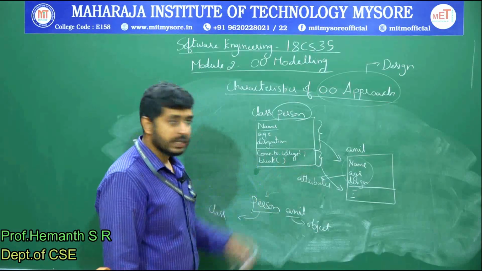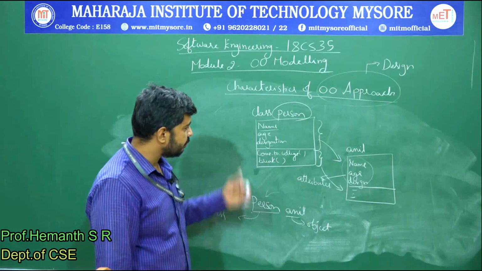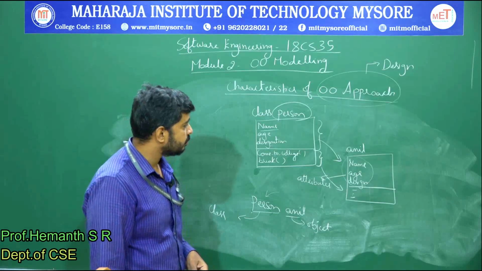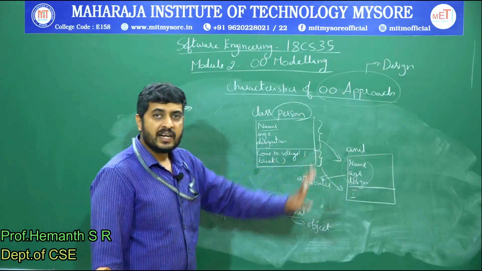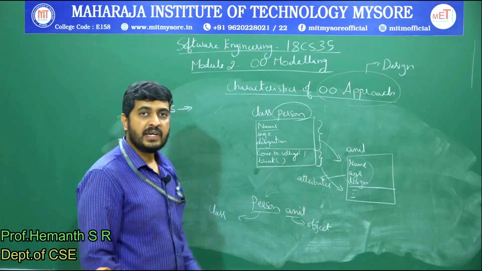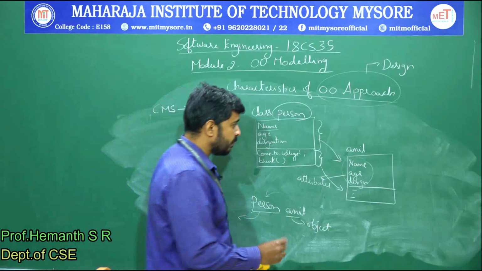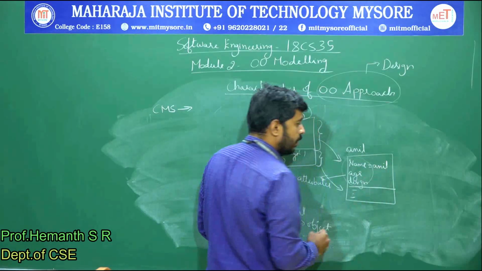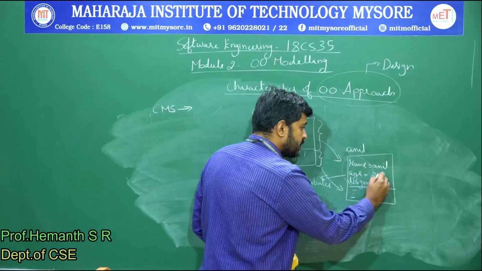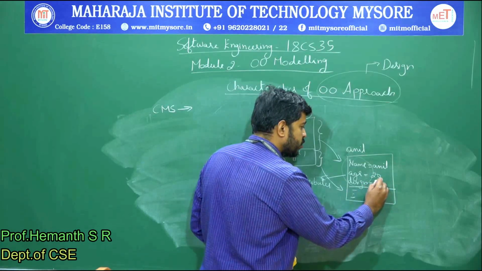Not only attributes, even functions. Now is it that the Anil object will just take the attributes? No, these attributes can even take the values. For example, name is Anil, age is maybe some 20 years, designation is equal to maybe student.